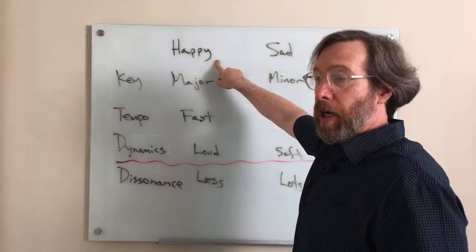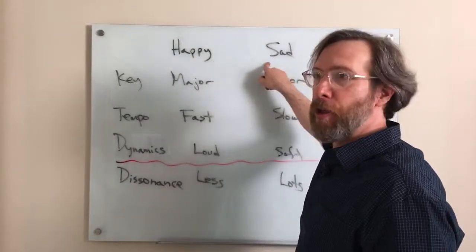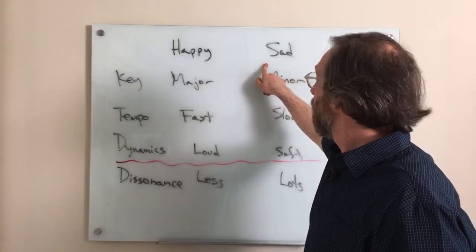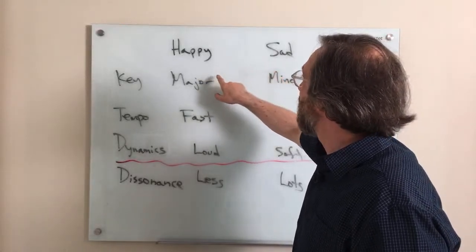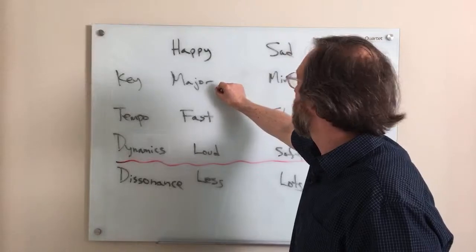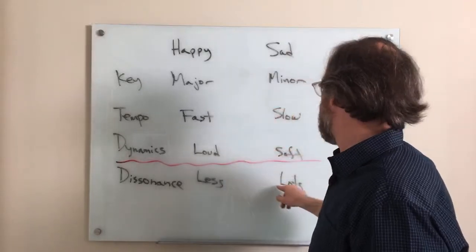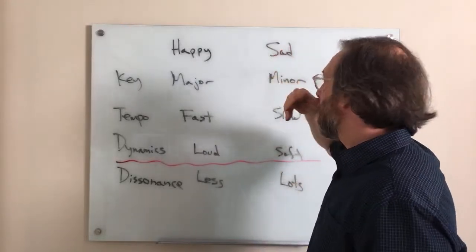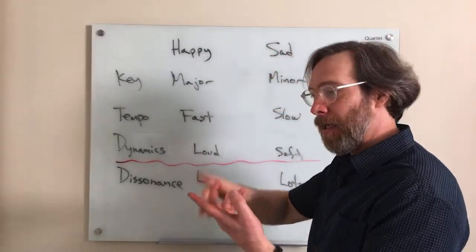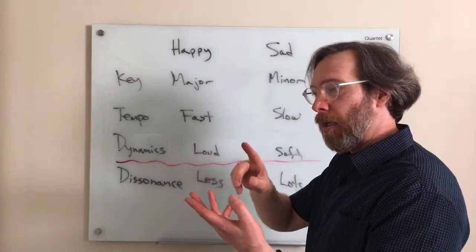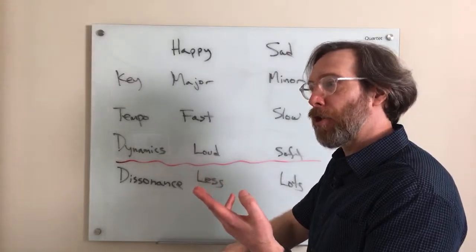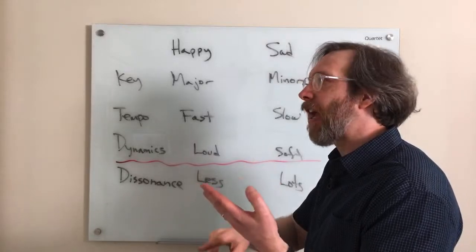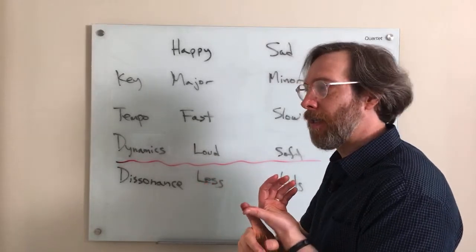Because let's be honest, right? Human beings have more than 2 emotional settings. We're a lot more complicated than that. So the gradations of like, well, if we do some major with slow but loud but with lots of dissonance, what's the difference between sadness, despair, nostalgia, reflectiveness, pensiveness?